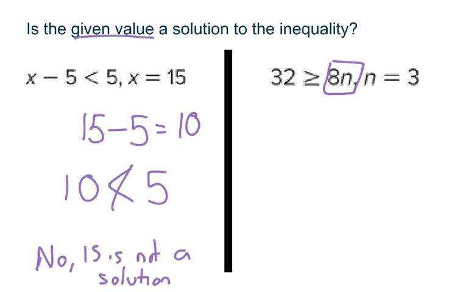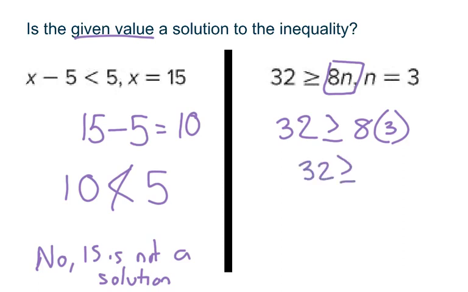So we're going to set this up. 32 has to be greater than or equal to the product of 8 times 3. If I simplify this, 32 is greater than or equal to 8 times 3, which is 24. And is that true? Yeah, 32 is greater than 24.